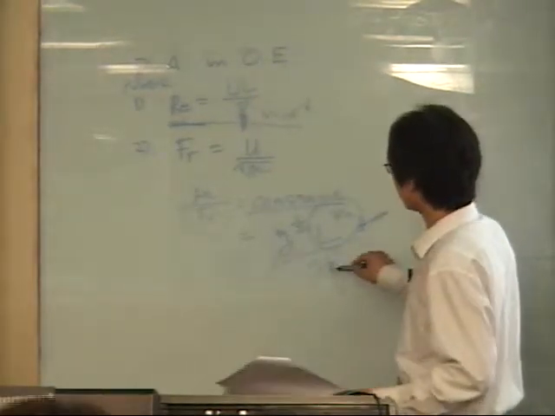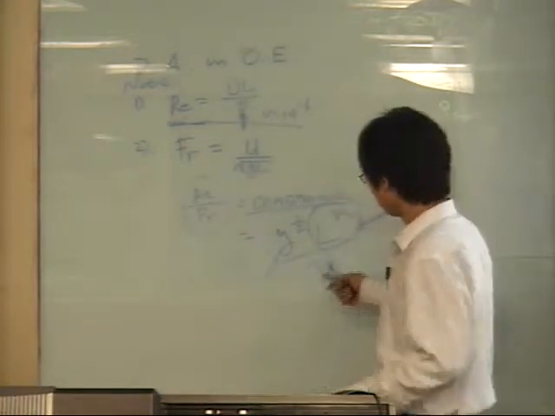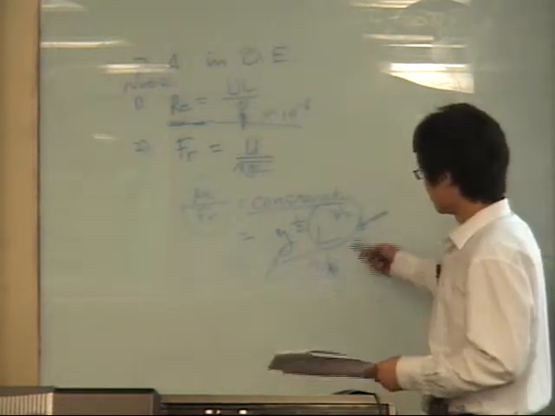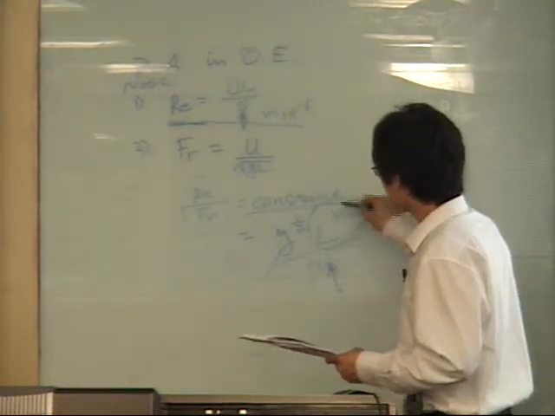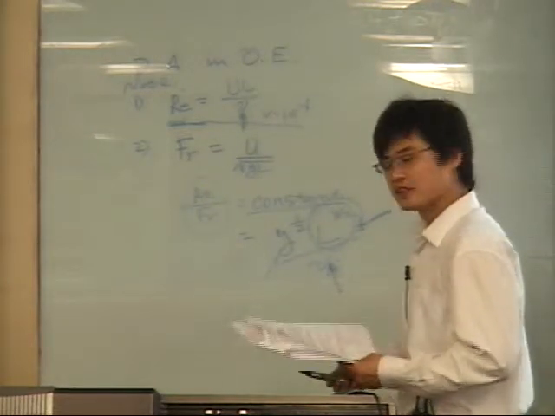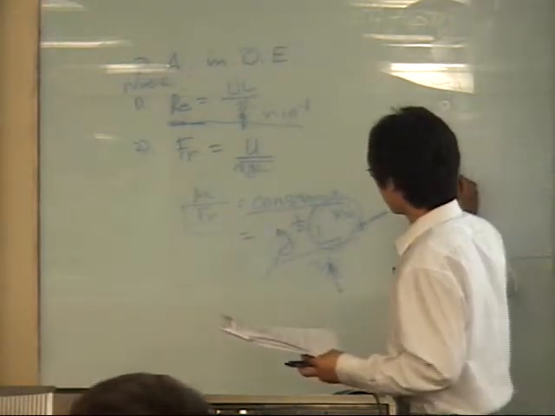Of course, you can do a test in something like mercury, which has a much smaller kinematic viscosity. But in general, this is not achievable. So we are screwed, right? We cannot achieve dynamic similarity.